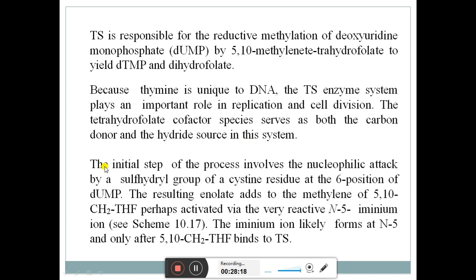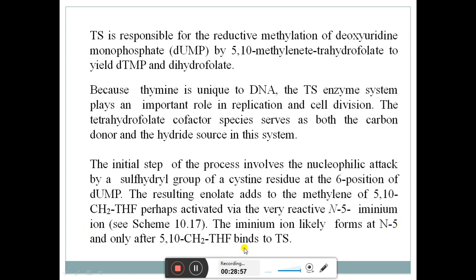Next, the initial step of the process involves the nucleophilic attack by the sulfhydryl group of the cysteine residue at the 6th position of the deoxyuridine monophosphate. The resulting enolate adds to the methylene of 5,10-CH2-THF, that is tetrahydrofolate, perhaps activated via a very reactive N5 iminium ion.